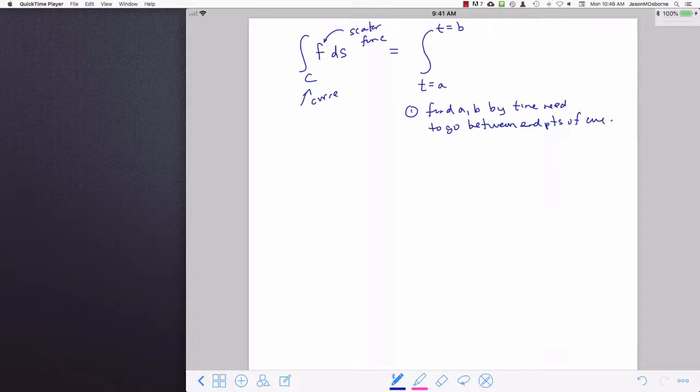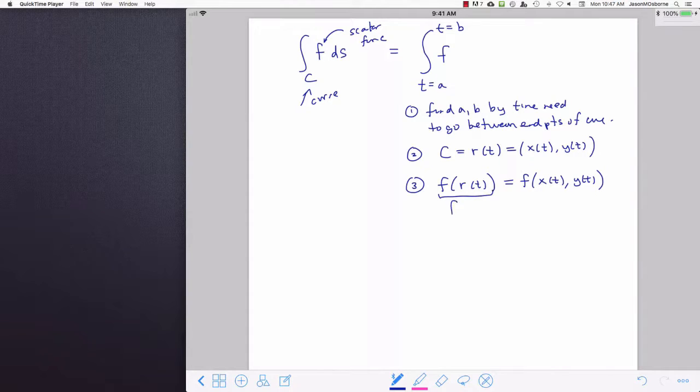You will then need to parameterize that curve, so C will be given by some r of t, and since in our example the curve is in the xy plane, we'll need to find an x and a y. Then the third step is to find the function along the curve: wherever you see the x, put x of t, and wherever you see the y, put y of t.